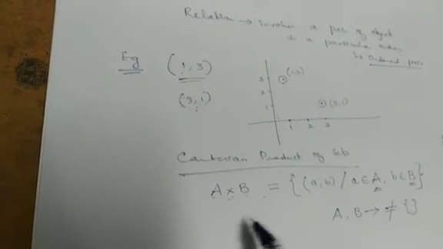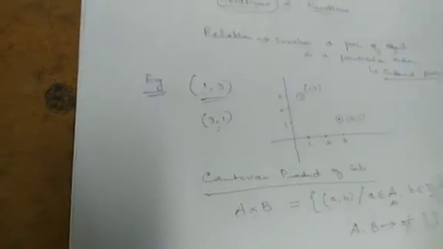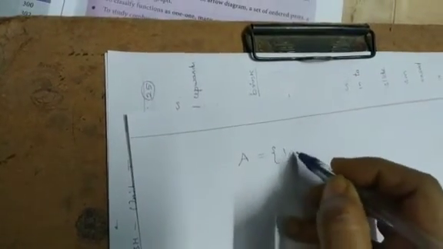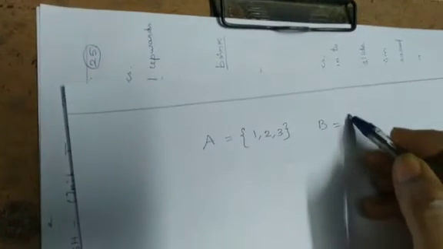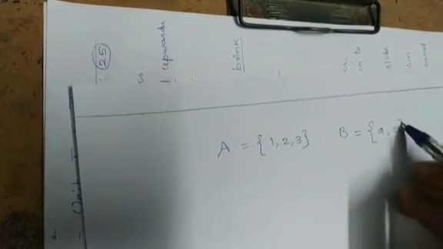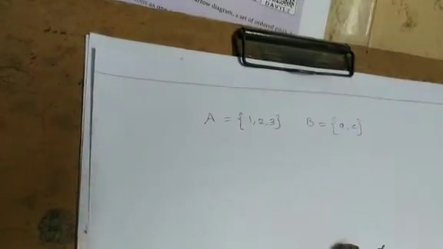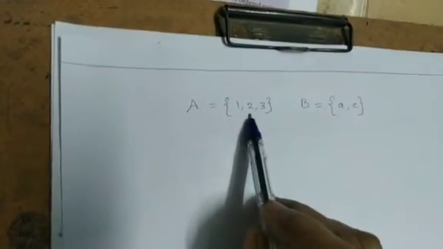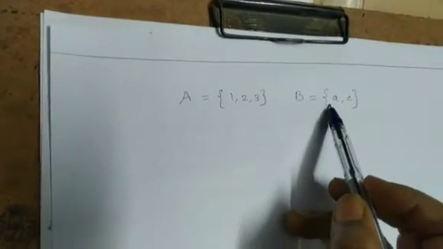I will explain this with an example. Consider the set A as {1, 2, 3} and the second set B as {a, c}. So the set A consists of elements 1, 2, 3 and set B consists of elements a, c.